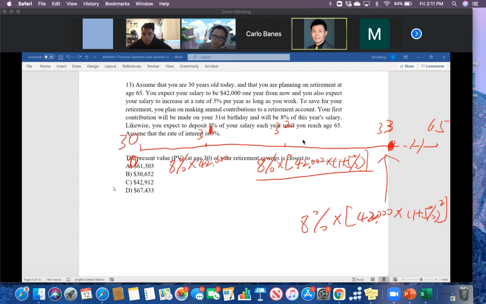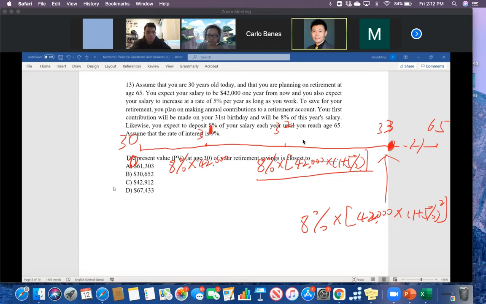Right? So as we can say, by simply looking at this cash flow, you can find that actually this is a very typical growing annuity question, right? Now we need to calculate the present value of a growing annuity. We have a formula for that.